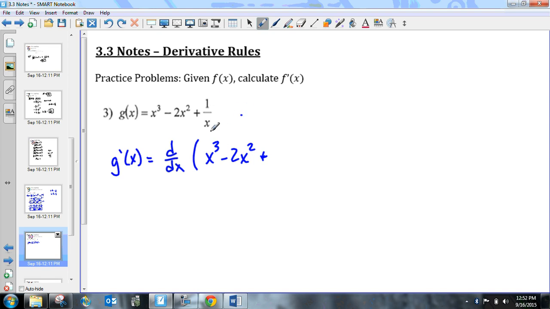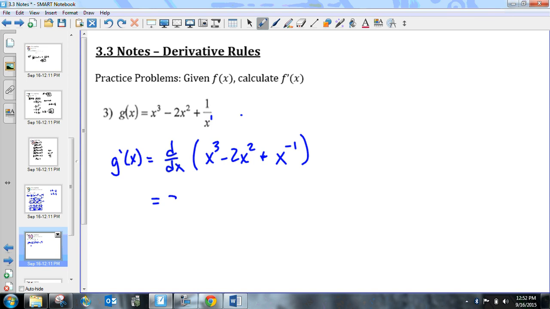However, in what we've got now, this is x to the first. I could write this as x to the negative 1 power, and I can take the derivative here. So if I rewrite this to have an exponent, get it out of this fraction form, then I can take my derivative.